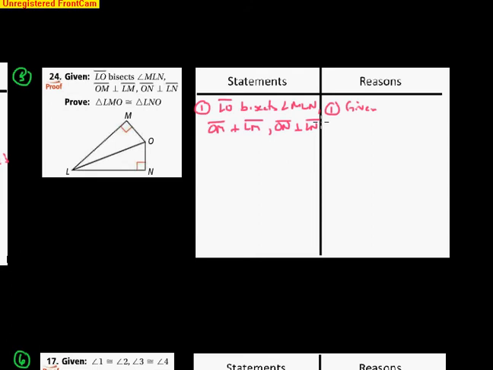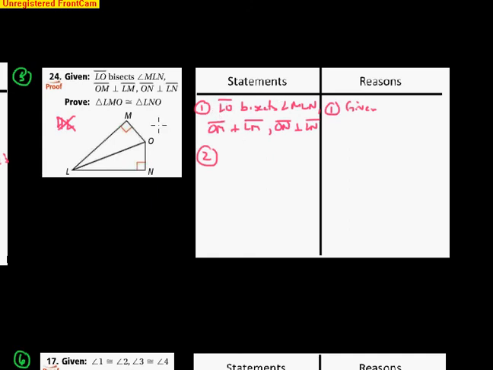Alright, so if you look at the given, they give us perpendicular, so I'm thinking maybe HL, but then look at the other given. Segment LO bisects angle MLN. They're giving us more angles, so I'm going to assume that this is not HL, because they gave us multiple angle pairs. Okay? Alright, so none of this is congruence, so let's say what we can say from it.